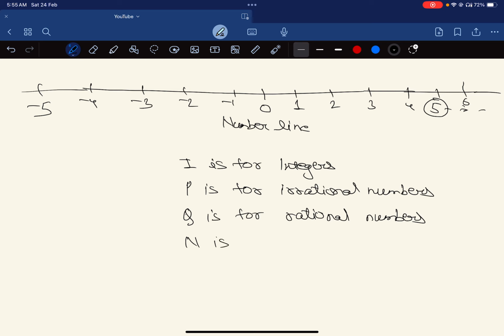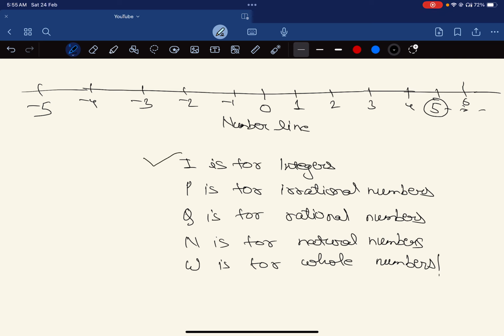N is for natural numbers. W is for whole numbers. In this chapter, we are mainly concerned with these: natural numbers, whole numbers, and integers.